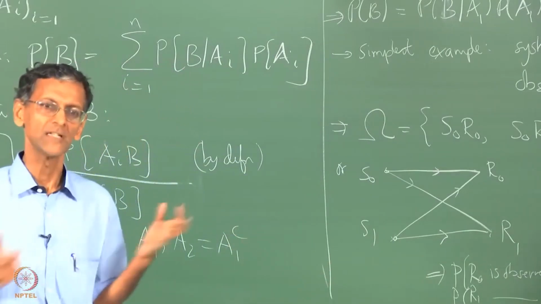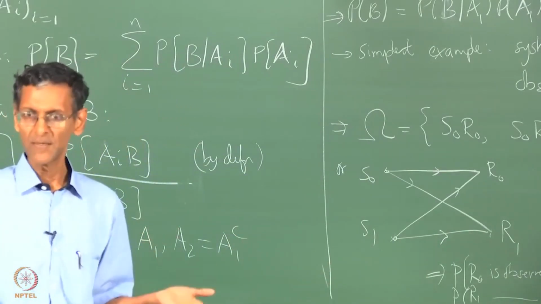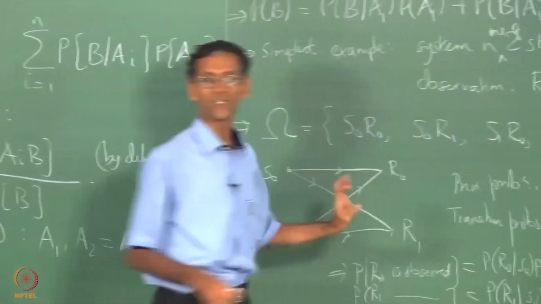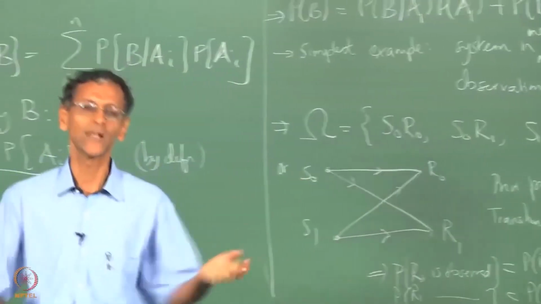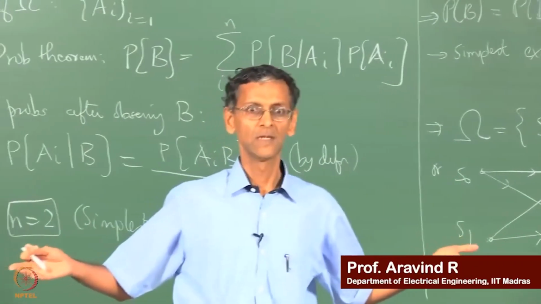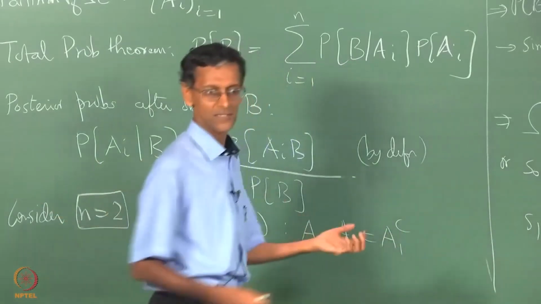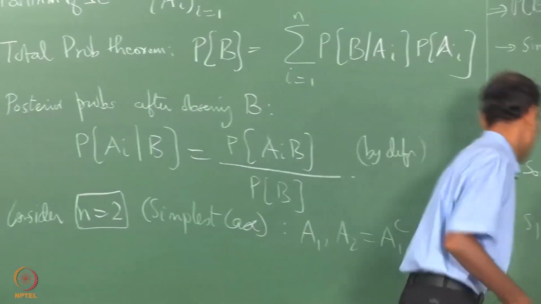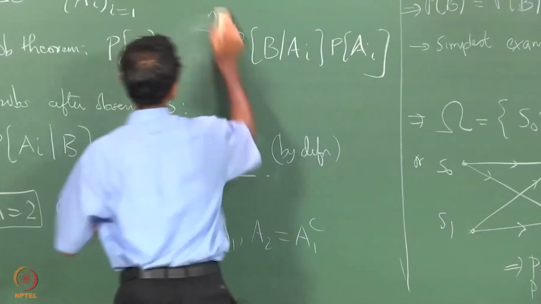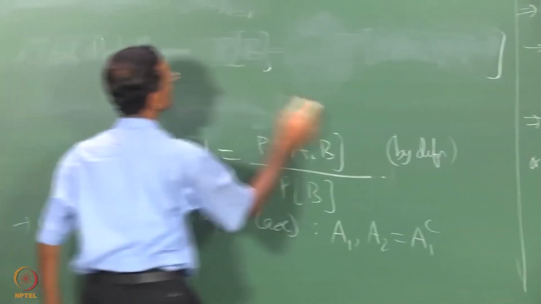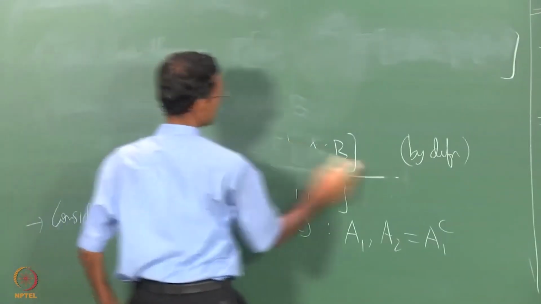We will revisit this decision making business a little later, but for now we will assume that the decision rule is fixed: if you see R naught, you assume S naught; if you see R1, you assume S1. Let us go with that decision rule and see where it takes us.